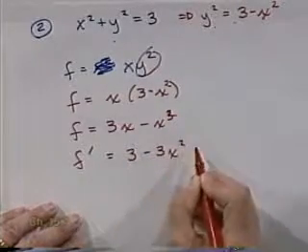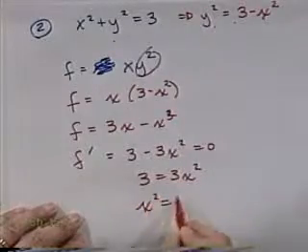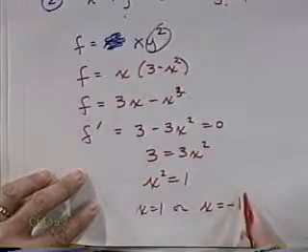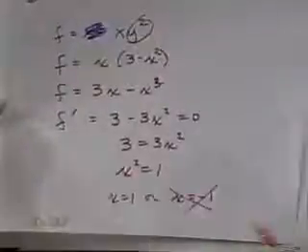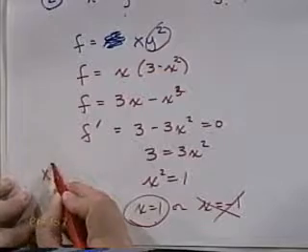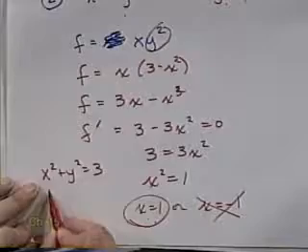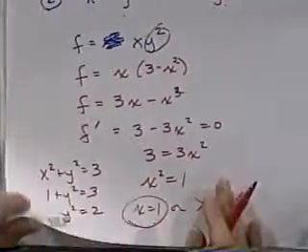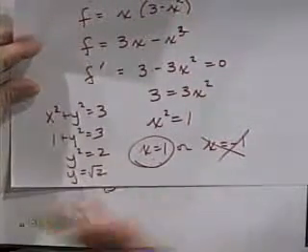And that's pretty easy to do. We get 3 equals 3x squared, or x squared is 1. Normally we would say x is 1 or x is minus 1, but we're not going to include x equals minus 1, because remember our region just has positive x's. If x is 1, plug it back into x squared plus y squared equals 3: 1 plus y squared is 3, y squared is 2, so y is square root of 2, not plus or minus, because we're in the first quadrant.